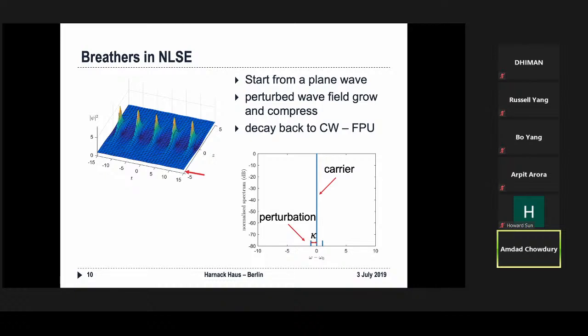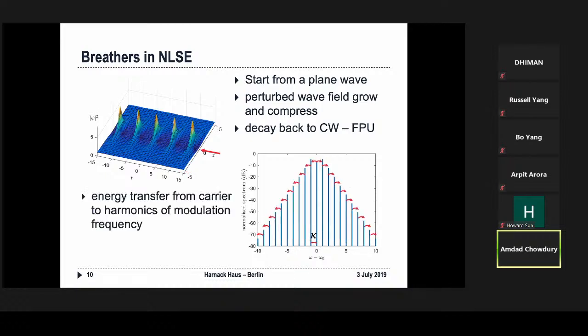The carrier energy goes into the side frequencies, and gradually these small modulation frequencies create more frequency components with their harmonics, and it grows like this. New frequencies are being generated, and energy is going from the carrier to the sidebands.